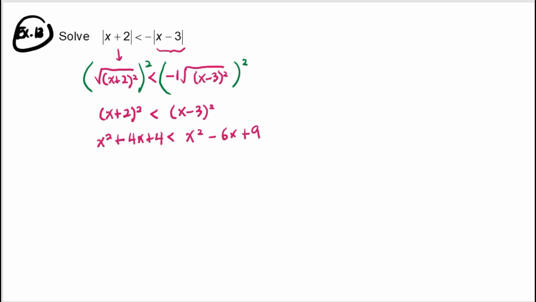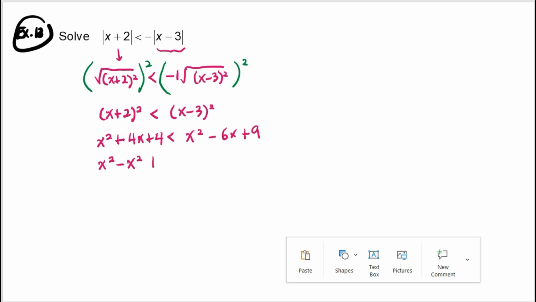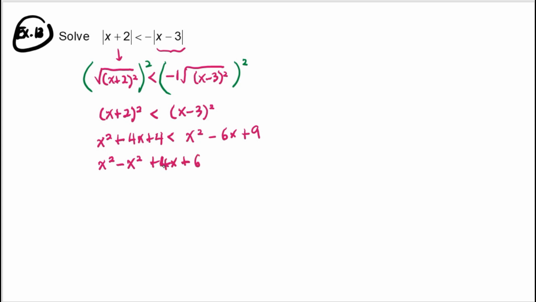Therefore, you bring all those terms to the left side. x squared minus x squared becomes 0, plus 4x plus 6x, and you have plus 4 minus 9, which is less than 0. So x squared and x squared have already cancelled. So we have 10x minus 5, which is less than 0.